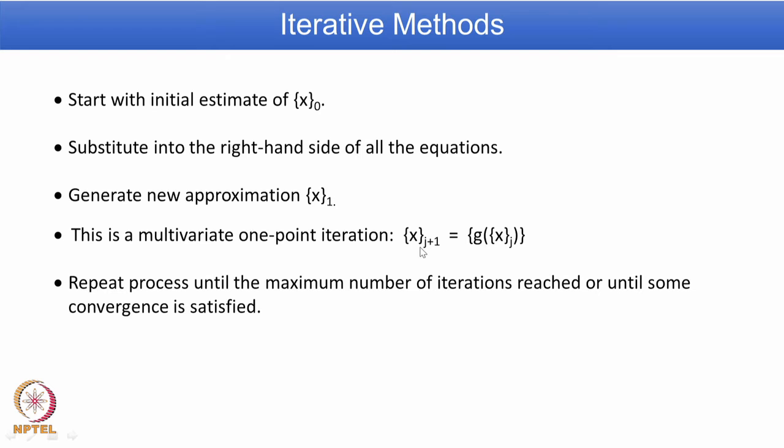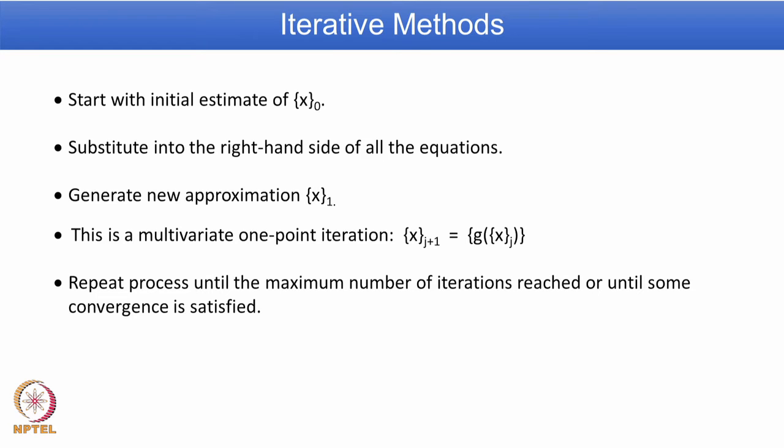This is a multivariate one point iteration. Mathematically, x at j plus 1 is equated to some function g of x at j, which is why it is called multivariate one point iteration. Repeat this process until one of two conditions is met: either you specify a maximum number of iterations or you specify some convergence limit.